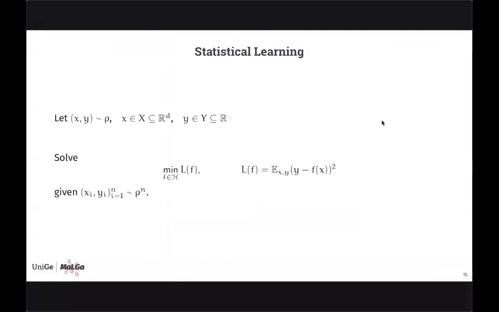But the problem is that I do not have access to the distribution, but only to a subset of points that are sampled IID, identically and independently, with respect to this distribution. So the learning problem comes from the fact that we only have finite data, but we ideally would like to minimize this expectation. And the interpretation is that this expectation can be thought of as a future error, the error on future data, or a test error.